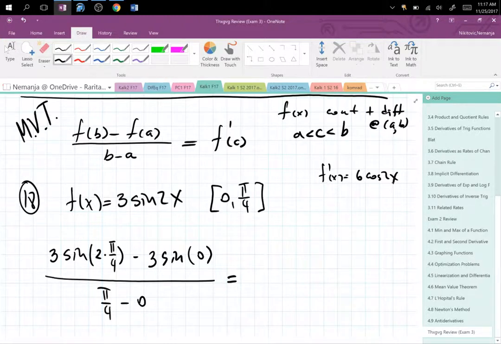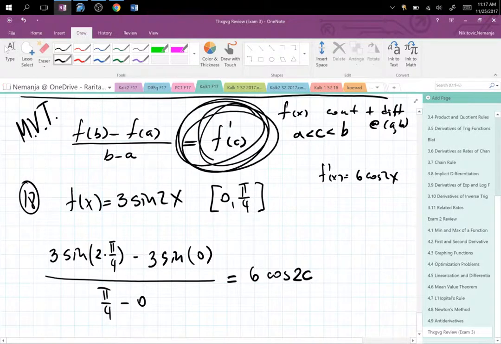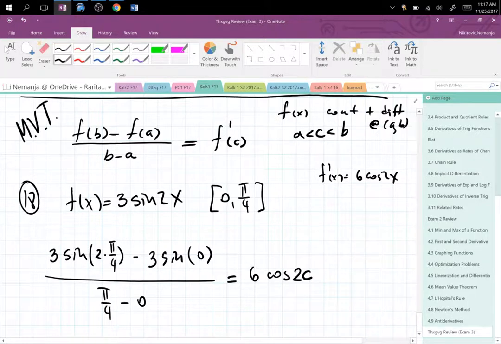Derivative of sine is cosine, keeping the same argument. So this is 6 cosine 2c, because in the formula, c is plugged into the derivative, not x. So instead of 6 cosine 2x, we put 6 cosine 2c.